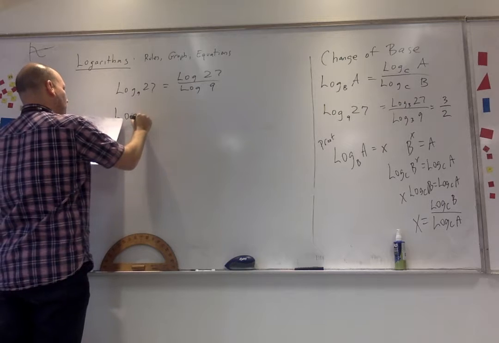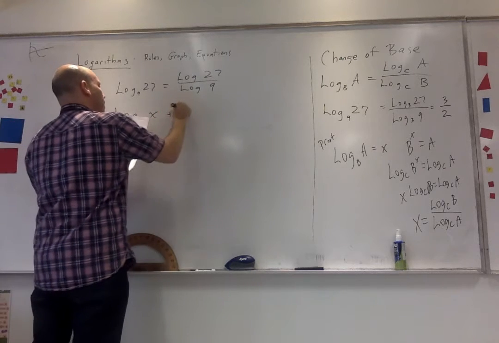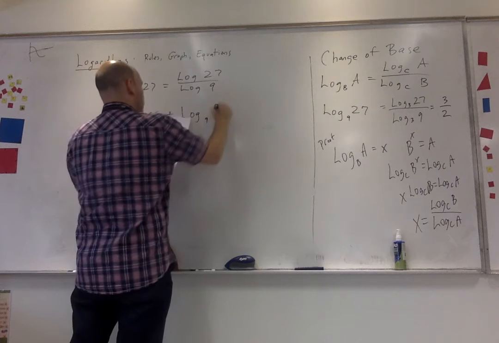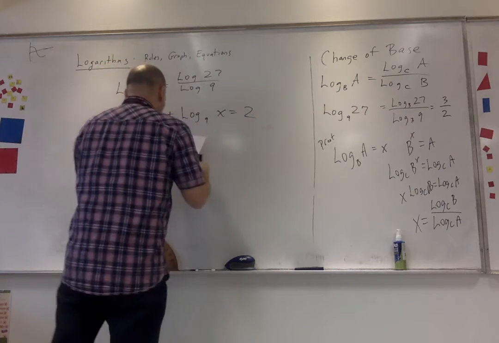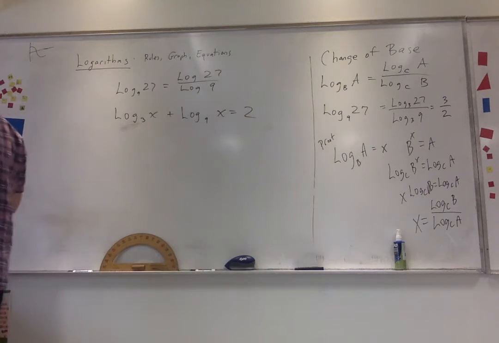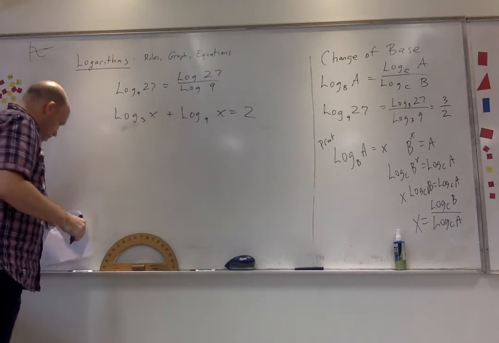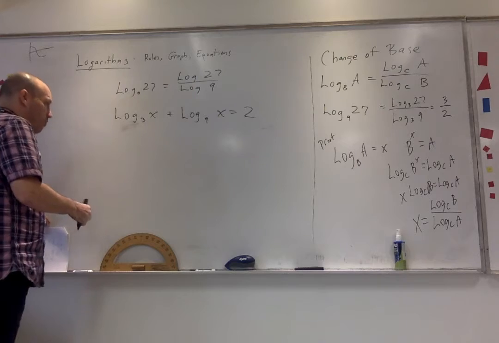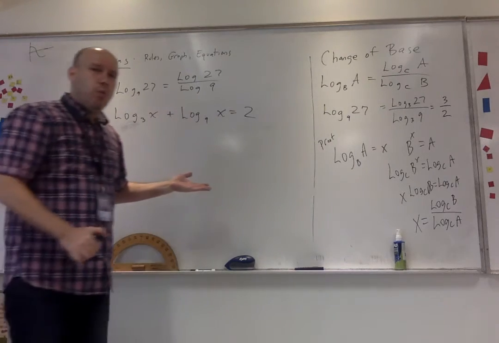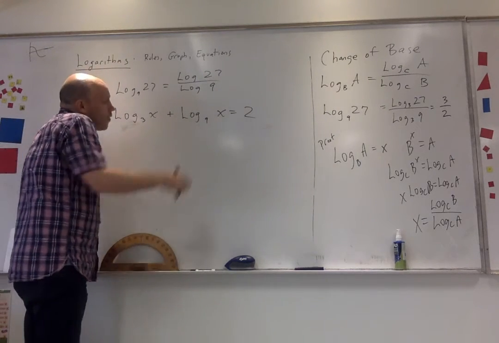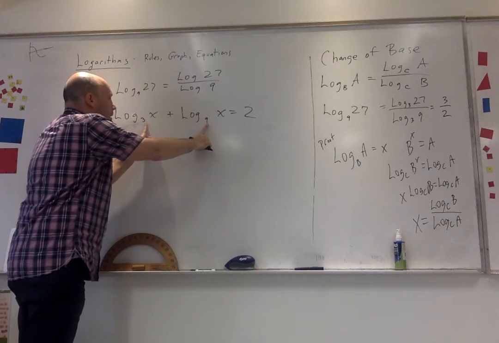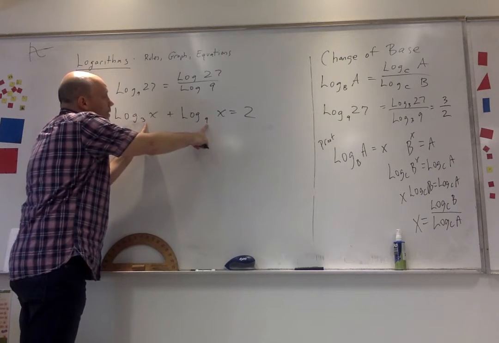Log base 3 of x plus log base 9 of x equals 2. So what are you going to do here? Well, you think there are log rules, I can combine them, but the problem is you can't because these bases are not the same.